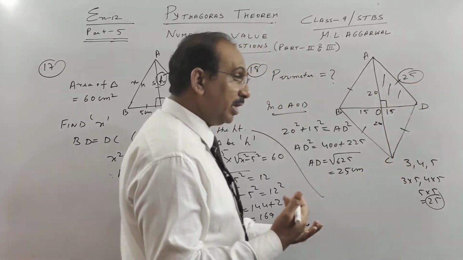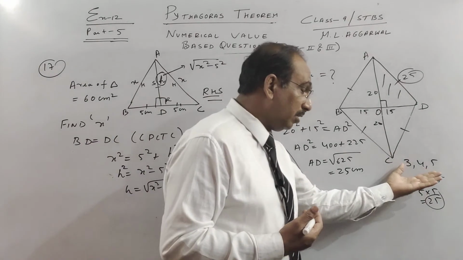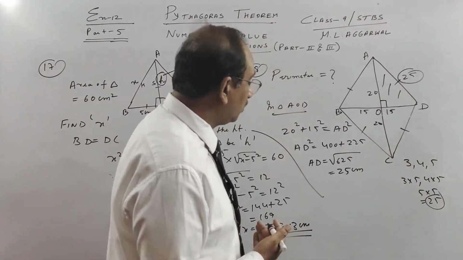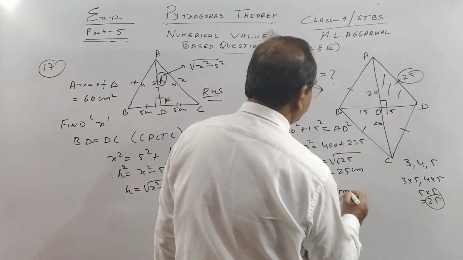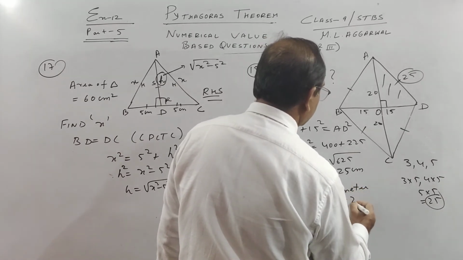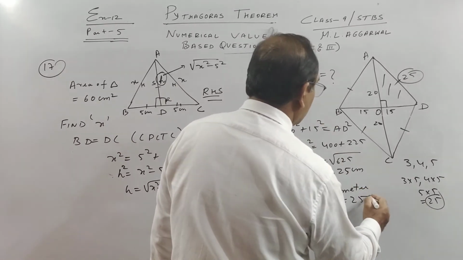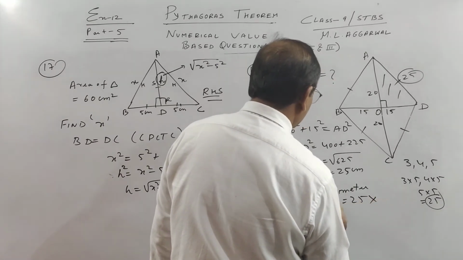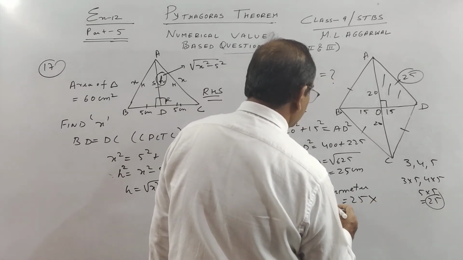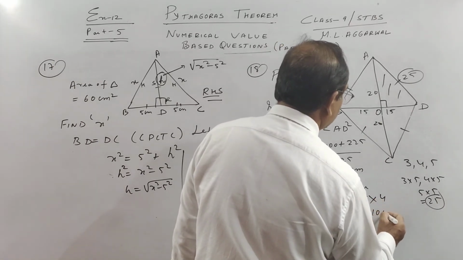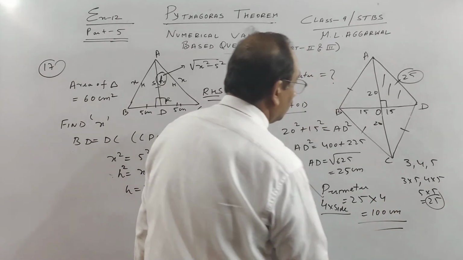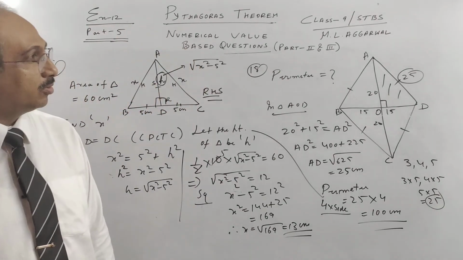In the beginning it may look difficult, but this will be of immense help to you in future. So finally, what is perimeter, children? Perimeter is 4 times your side. So 4 into side is 100 centimeter we will get. Okay, children, kindly pause the video and copy.